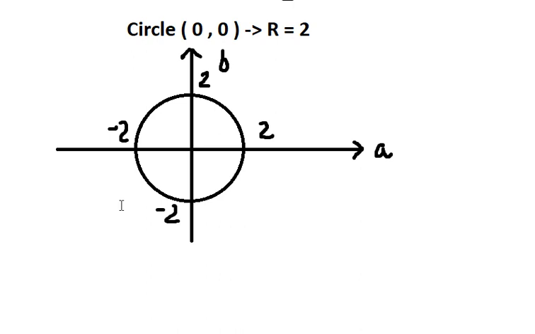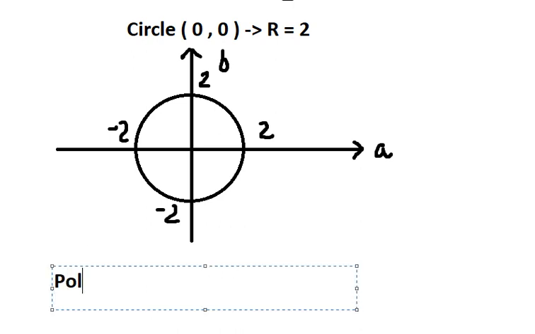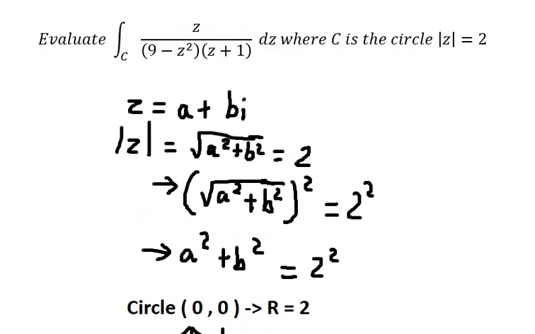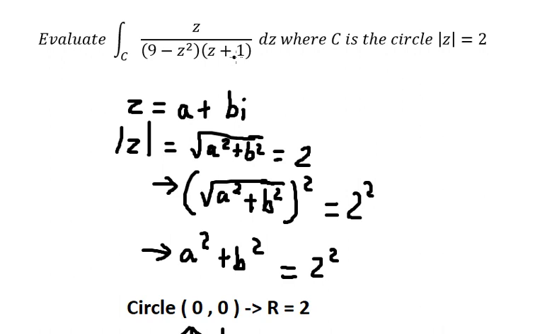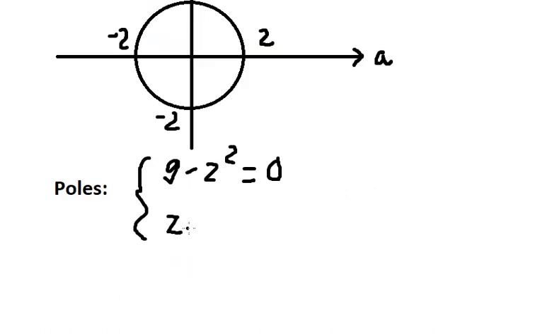The next one, we need to find both. So let's go back to this one. We need to focus on the denominator here. So we will have 9 minus z squared equals 0, and z plus 1 equals 0.